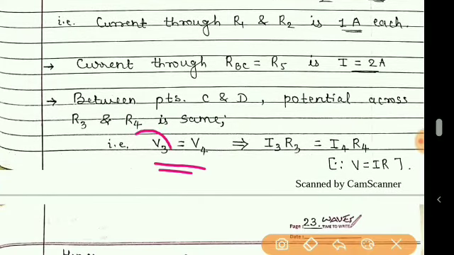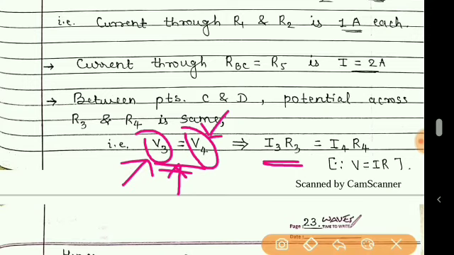Potential across R3 is V3, potential across R4 is V4, but both will be equal. And what is V? V is equal to IR. So V3 is equal to I3R3 and V4 is equal to I4R4, using Ohm's law.